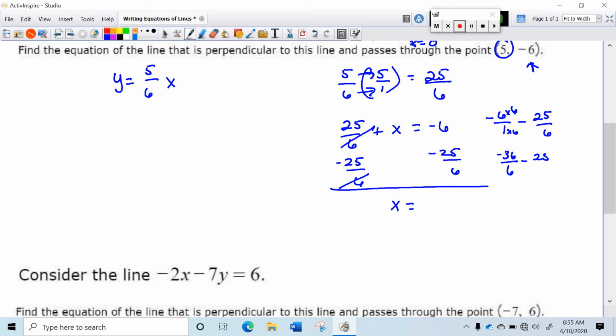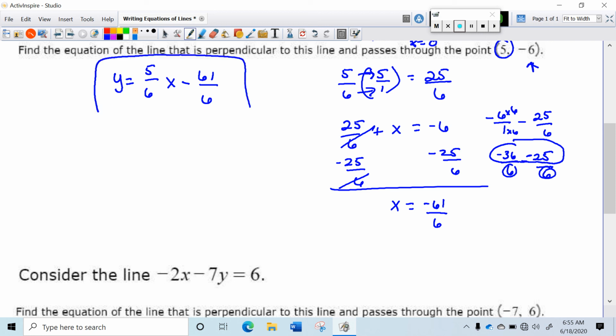This negative 25/6 already has a 6. Now I keep my common denominator, 6, and then I put the numerators together. So a negative 36 and another negative 25 is a negative 61. That's my y-intercept, negative 61/6. So the perpendicular line, the equation is y equals 5/6 x minus 61/6.